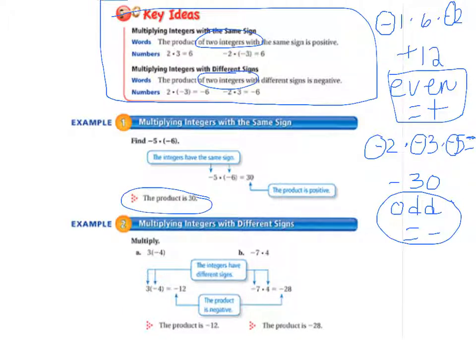Example 2, different signs. 3 times negative 4 equals negative 12, so the product is negative. So here we have one negative sign. So negative 7 times positive 4 equals negative 28.